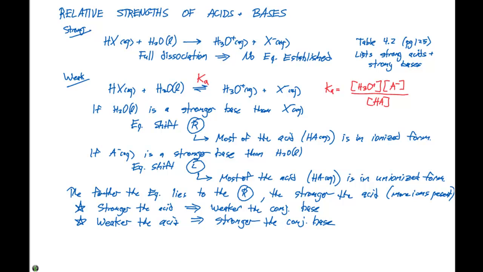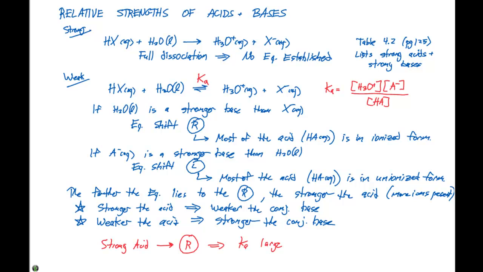So if we have a strong acid, our equilibrium is going to shift over to the right, and our Ka is going to be large. Because if our Ka is large, that means we have a large concentration of H3O plus and X minus in solution.